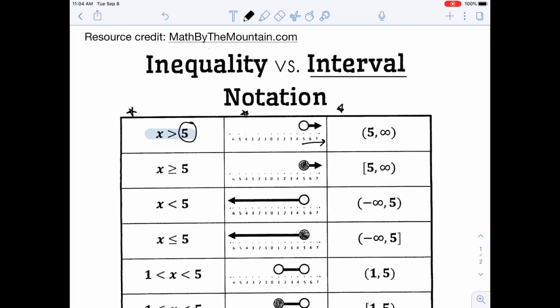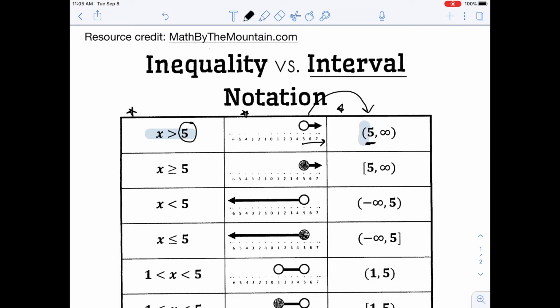So we represent that on a number line with an open circle. Now let's look at interval notation. Think of interval notation as taking the number line and recreating it in this form. It has to go from least to greatest, just like the number line. If we have x is greater than 5, the smallest number we're starting with is 5. Notice I have these parentheses around the 5.